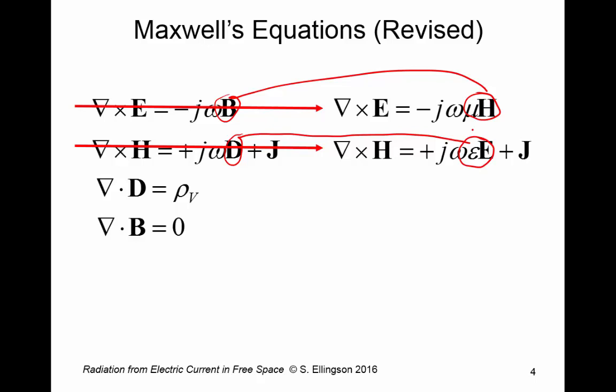That's simply replacing D with epsilon E. This way now we have coupled equations for E and H, and also in terms of the source J. We're going to assume there's no free charge, so we don't really need to account for Gauss's law for electric fields, but we will retain and exploit Gauss's law for magnetostatics.